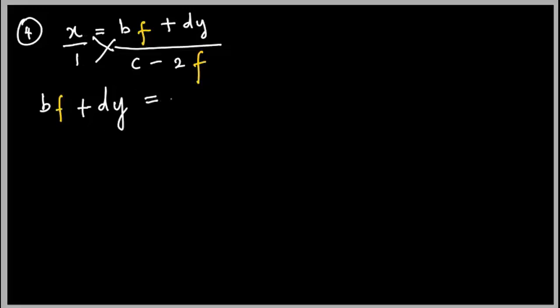So that should be x itself, multiplying c minus 2f.